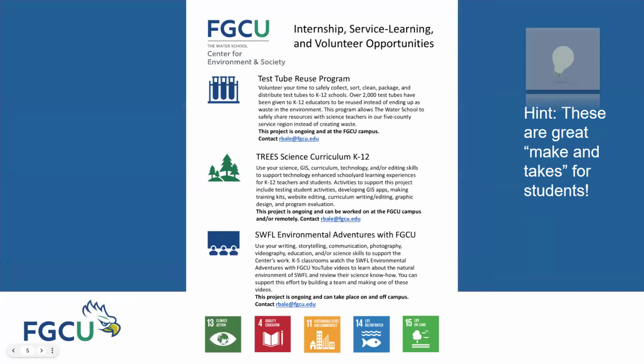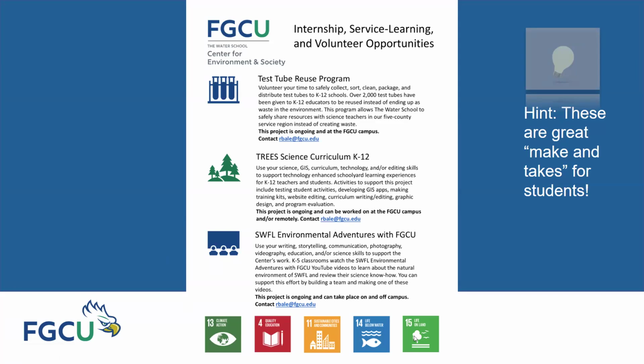which then will help you with the next part, which is planning, right? So you've brainstormed, you're planning, now you're starting to think about what is this going to look like, how we're going to advertise it to students. This is an example from the water school. We have some great campus partners on campus who have used similar type of handouts to advertise needs to students.